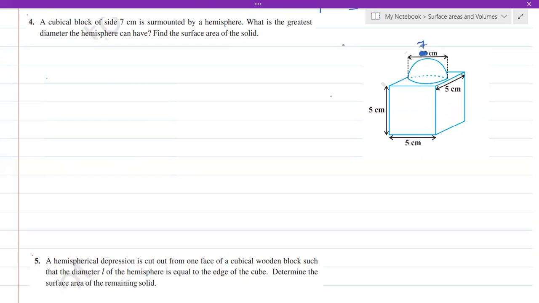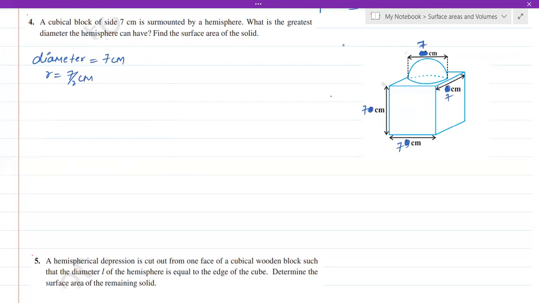The diameter is given as 7 centimeter, and here also the edge length is 7 centimeter. Even here the edge length is 7 centimeter, and here it is 7 centimeter. So we got to know that the maximum diameter is 7 centimeter, which implies the radius will be equal to 7 by 2 centimeter.